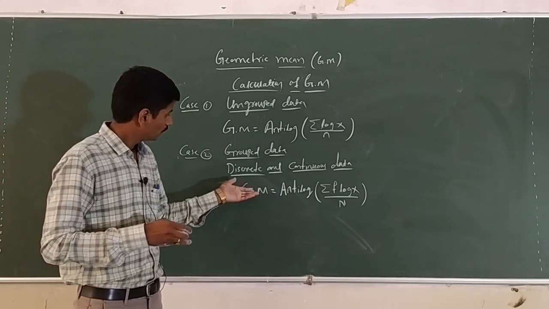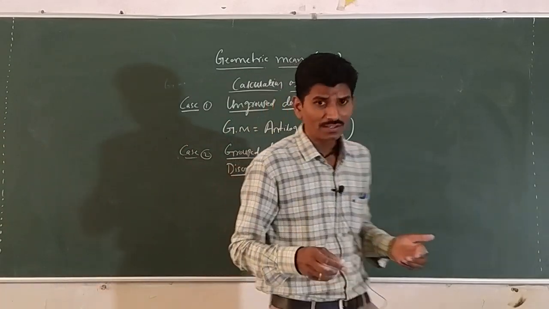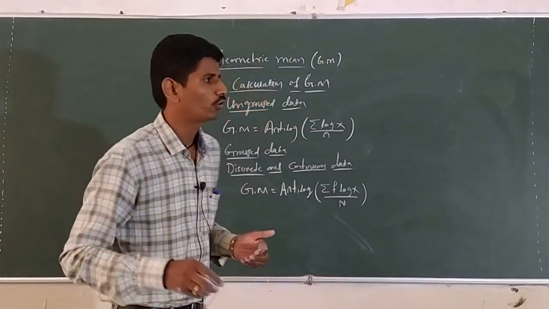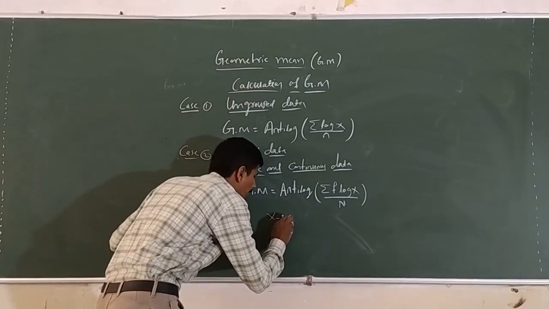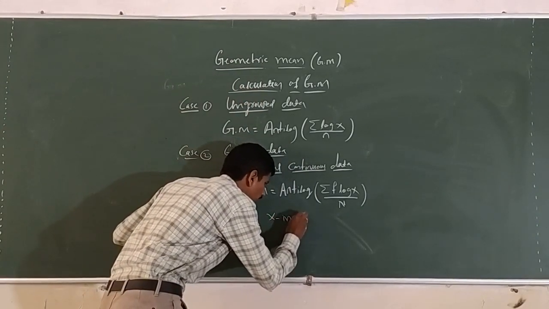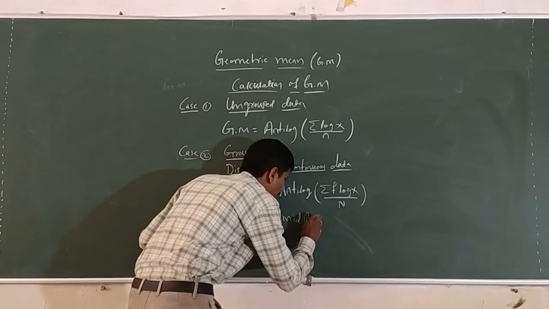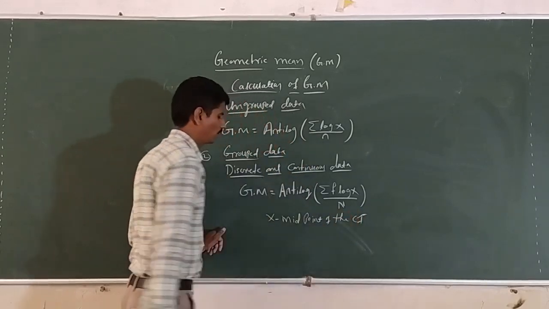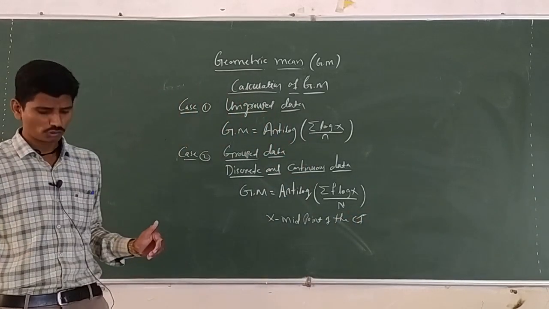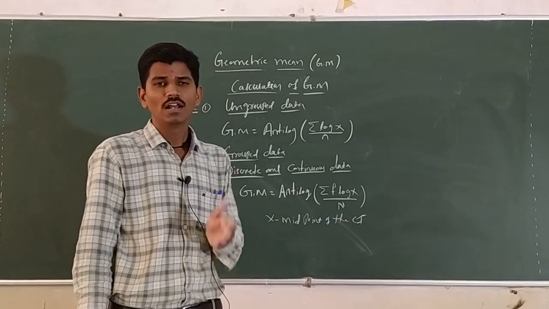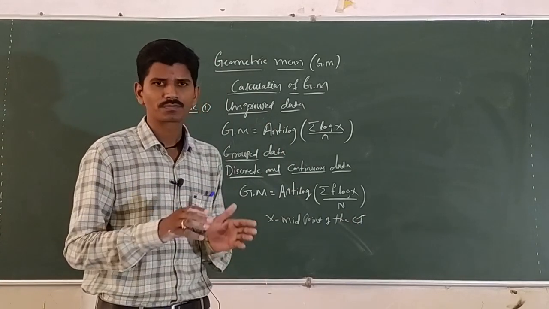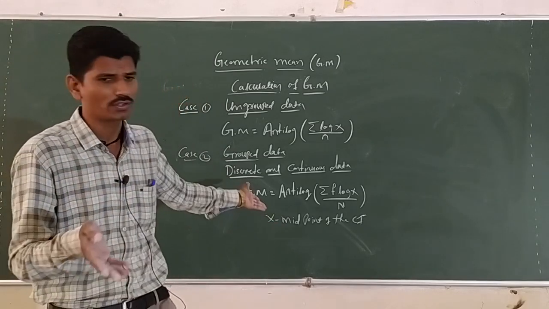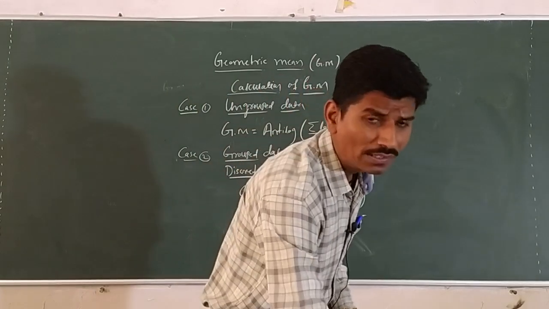In the continuous case, x is the midpoint of the class interval. For example, 10 to 20, 20 to 30: the midpoint of 10 to 20 is 15, and the midpoint of 20 to 30 is 25. Those are the x values.